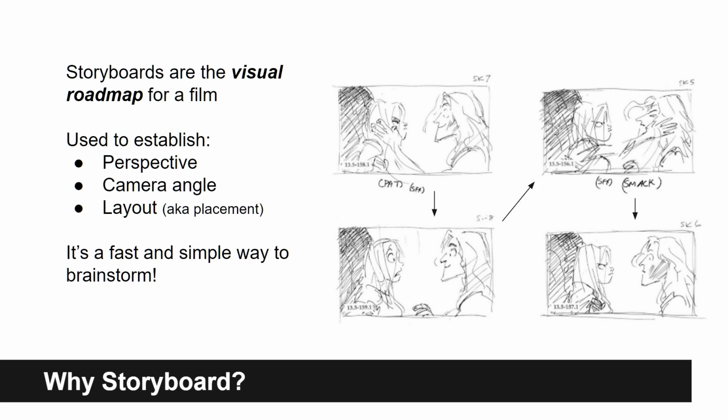When we're talking about the treatment, we're looking at a broader view of the film in terms of what happens at each stage, like what's the primary purpose of Act 1 and Act 2. For storyboards and animatic, we are diving into the visual storytelling: the perspective of the viewer, the camera angle, and the layout and placement of characters, environments, and assets. So this is where we're starting to get into cinematography.